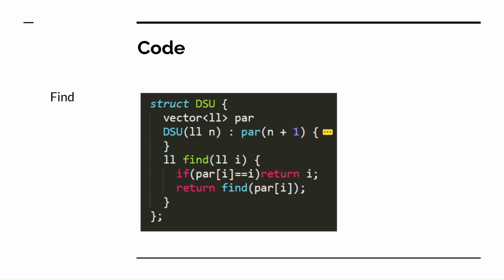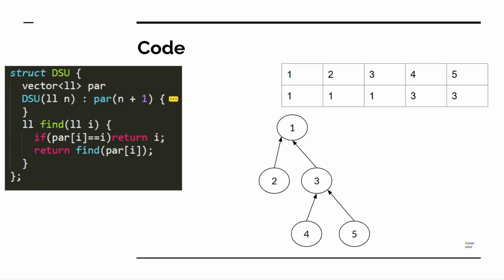Okay, now let's take an example to understand it. Suppose we want to find of 5. As 5 is not the parent of itself, this is definitely not the root node. So we find the root node of its parent, that is 3.